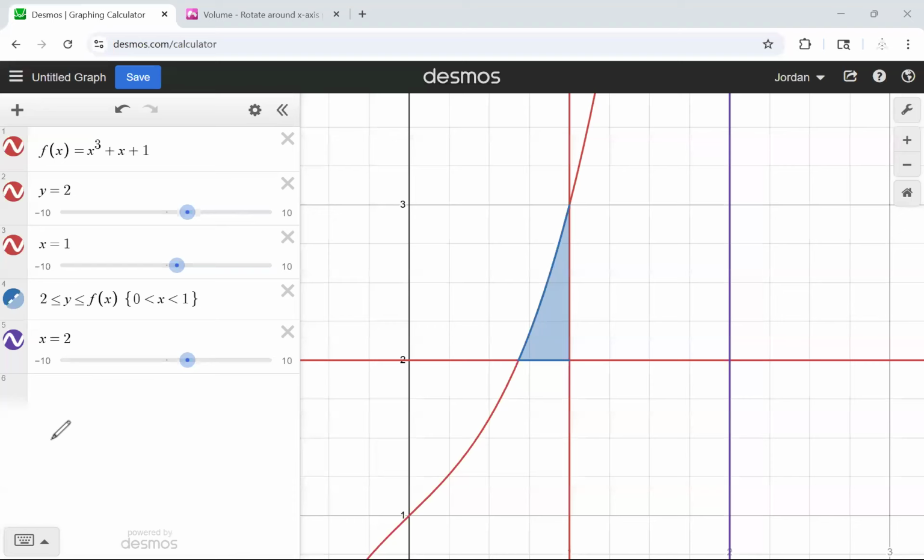Now, the other part about this is I need to find the bounds. In this case, this is one of those tricky cases because these 2 points are really nice to find. This point is not a nice one. This point, we would probably have to rely on using my calculator to find the intersection of y equals x to the third plus x plus 1 and y equals 2. But that's all right. We know how to do that.